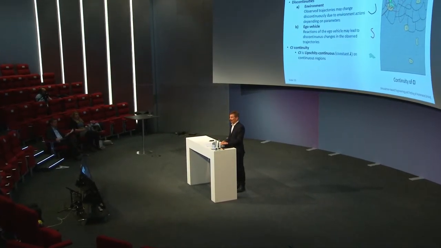So these are things where our ego vehicle makes some decisions which lead to abrupt changes in the trajectory space looked at from the logical scenario. And also the other traffic participants, if they are agents, will have their decisions and change their behavior depending on the situation observed. These are also potential discontinuities in our parameter space.